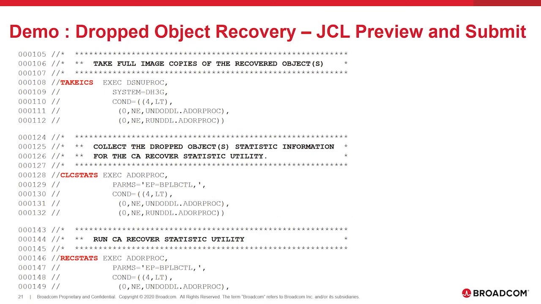The step take ICs will take a full image copy of the recovered object, for each object, of course. The step collect stats will collect the dropped object statistics information for the recover statistics utility. And the last step, rec stats, runs the recover statistics utility. Now you just have to submit this job and it's done.